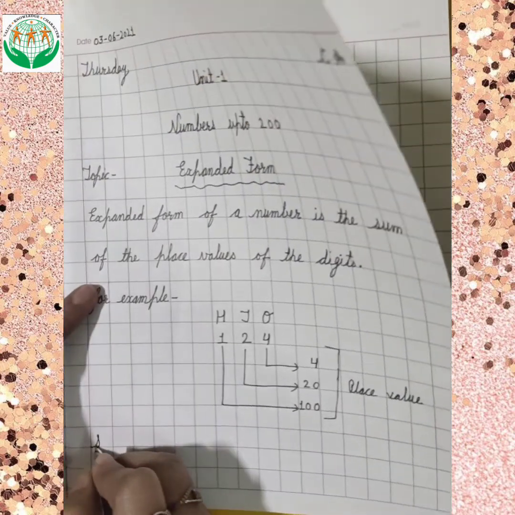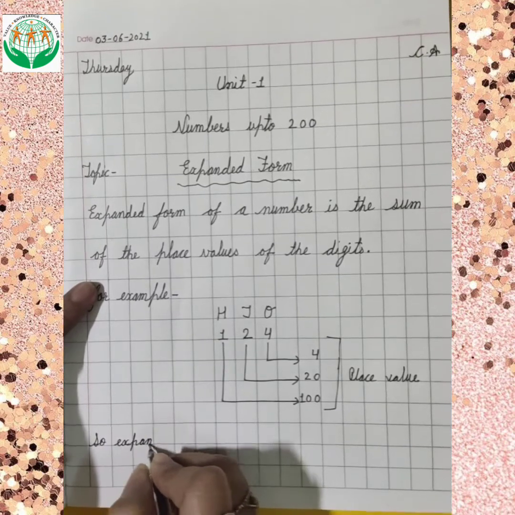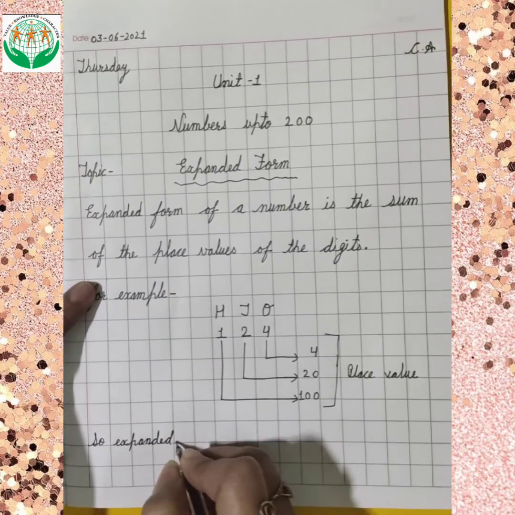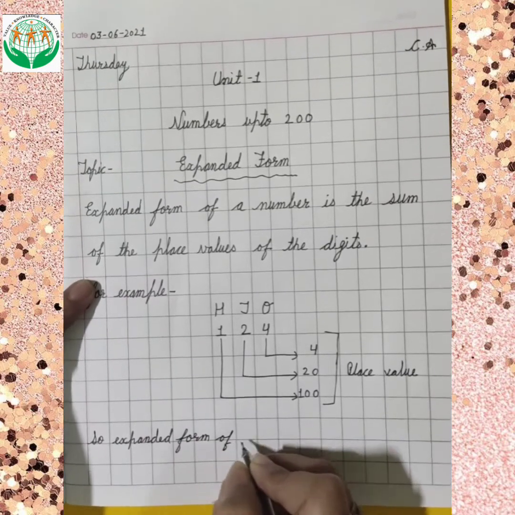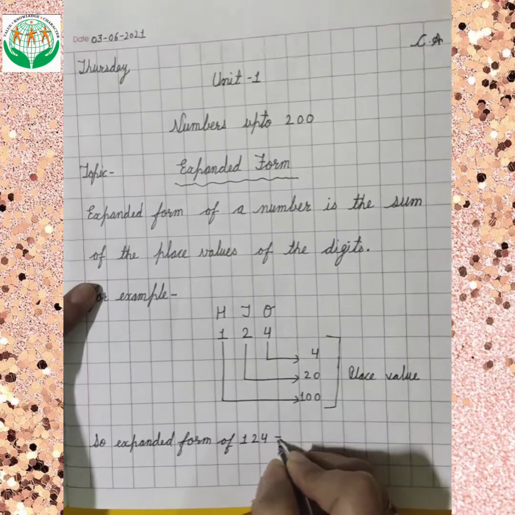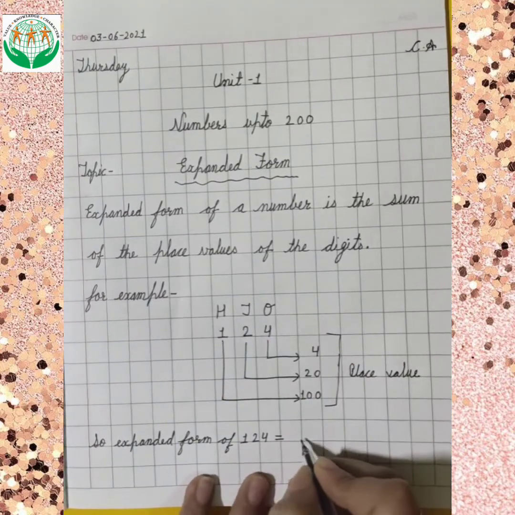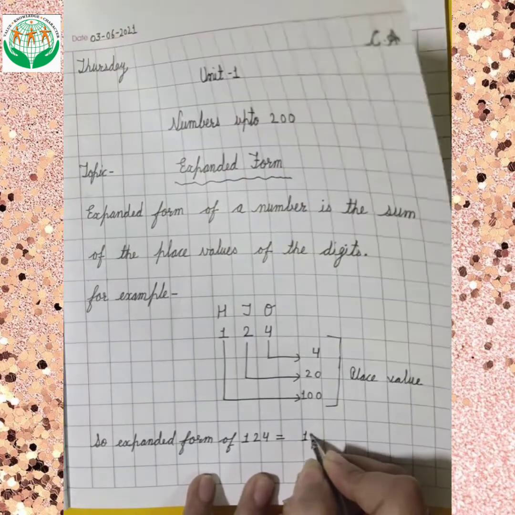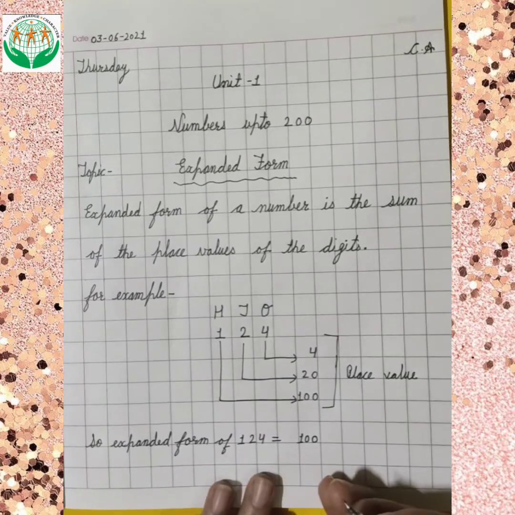Now according to this beta, what is the expanded form? Expanded form of 124 is equal to 100. We will write down from the highest number, that means from 100 place.